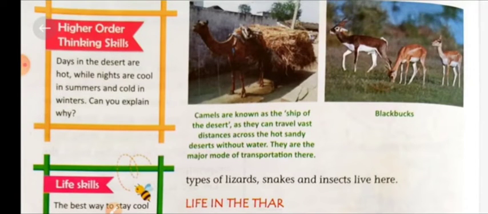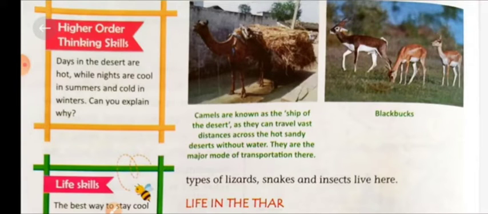Days in the desert are hot while nights are cool in summer and cold in winter. Can you explain why? In summer it receives the direct heat from the sun, so it is very hot.